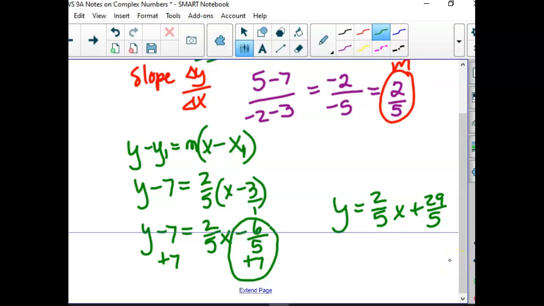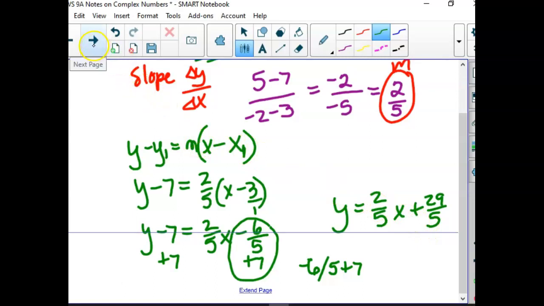Again, that was -6 divided by 5 plus 7, and then math, enter, enter to get that. Okay, can we just stop, or do you want to see a standard form of that? Let's just be done with that for today, okay?